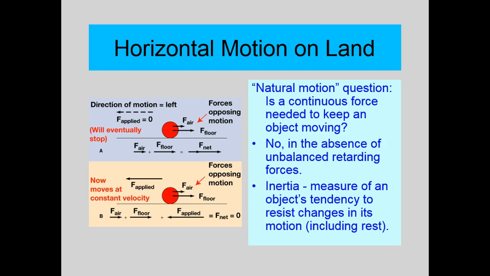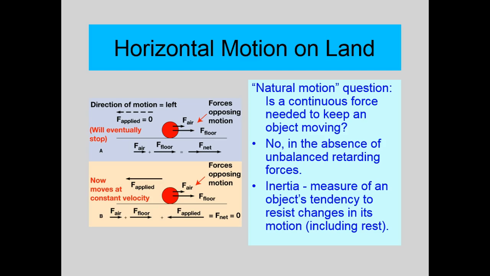But you also have friction. If you've ever been in a bowling alley, you know how loud it is, right? Anytime there's that much noise, there's got to be friction. Noise is vibrations. So there is friction between the ball and the floor, so there are frictional forces resisting the motion.